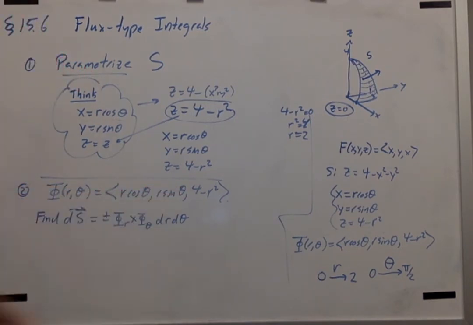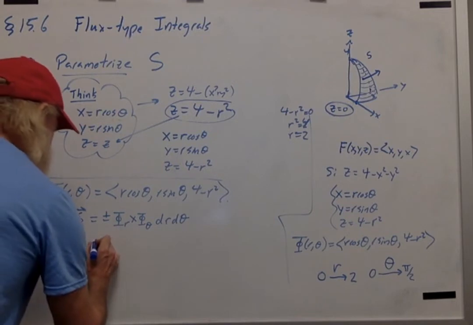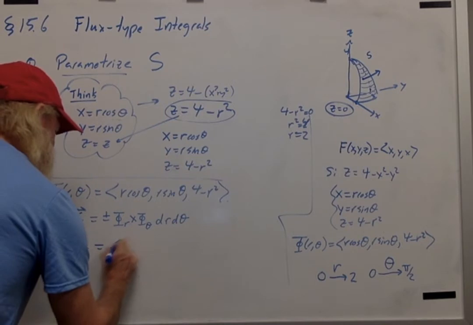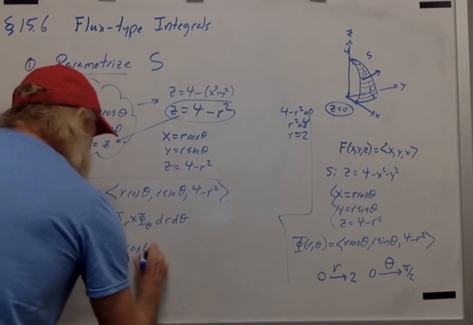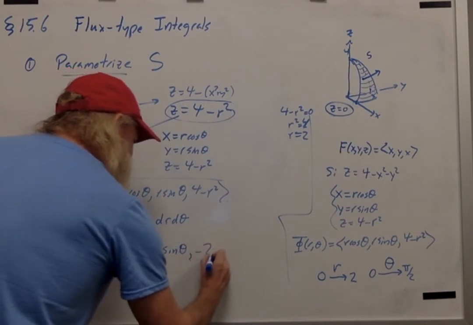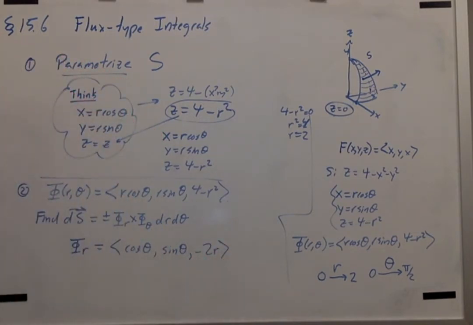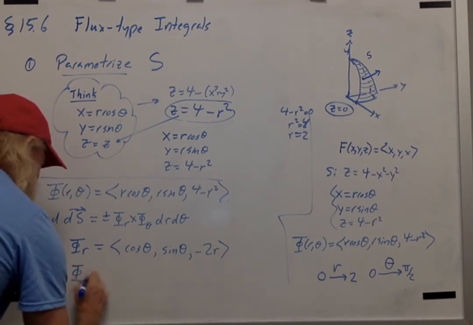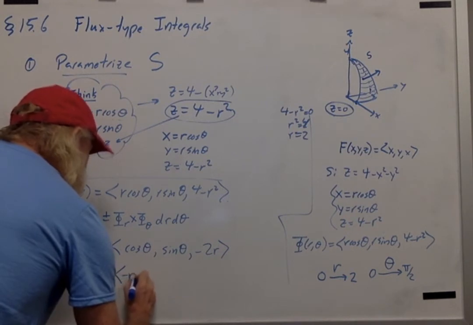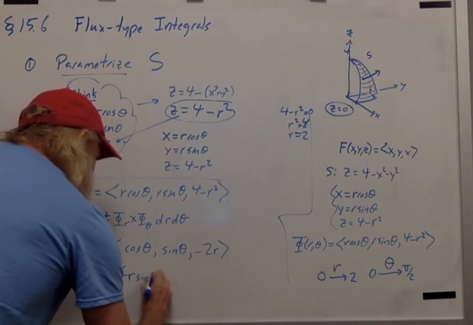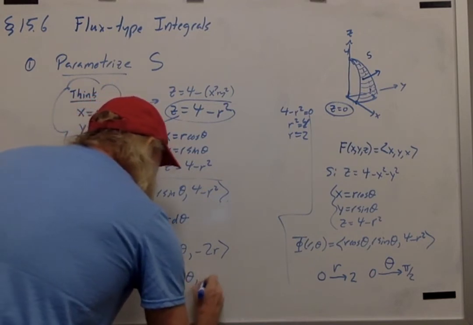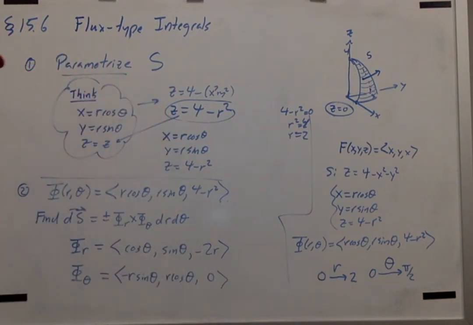So let's calculate some partial derivatives. d phi dr is equal to (cosine theta, sine theta, negative 2r), and d phi d theta is equal to (negative r sine theta, r cosine theta, and 0).